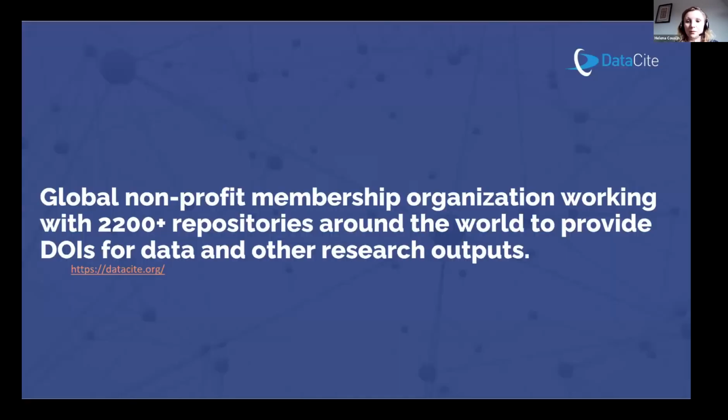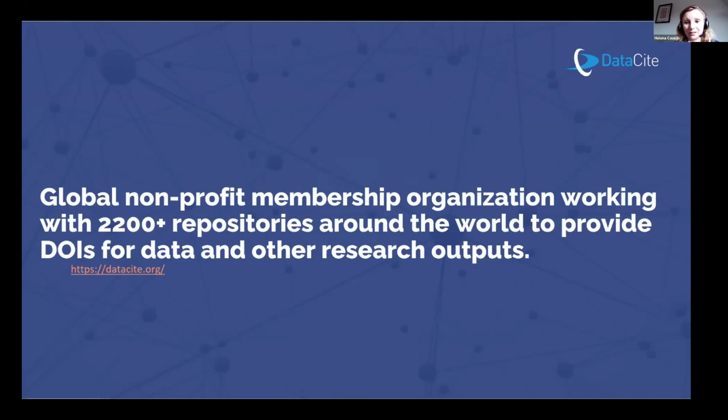So as I said, I work for DataCite, and for those of you who don't know DataCite, we are a non-profit global membership organization. We work with over 2,000 repositories around the world to provide DOIs for research data and other research outputs.